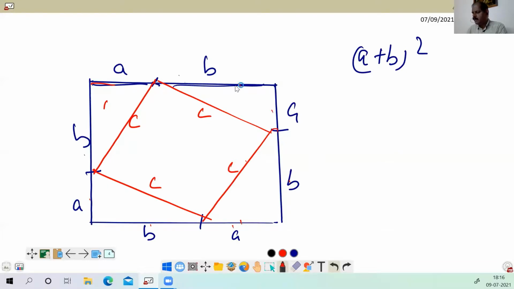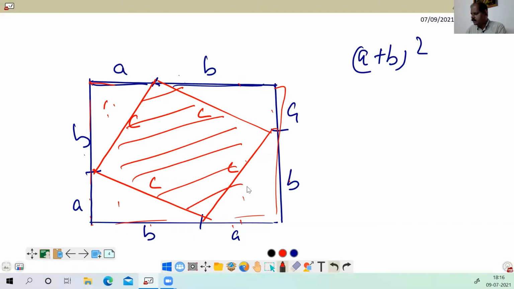So the sum of the areas of the square and the four triangles should be equal to the total area of the big square. So the area of this square having side C is equal to C square, plus we have triangles having base A and altitude B. So area of each triangle will be half AB.